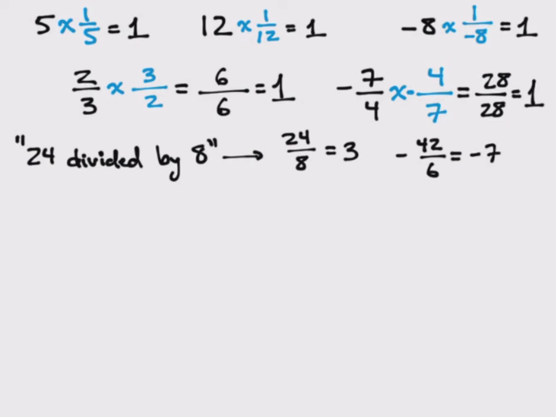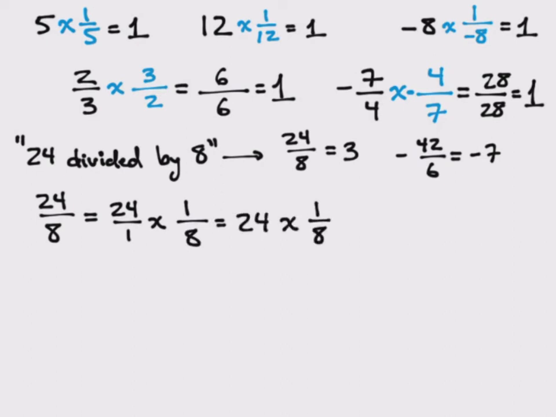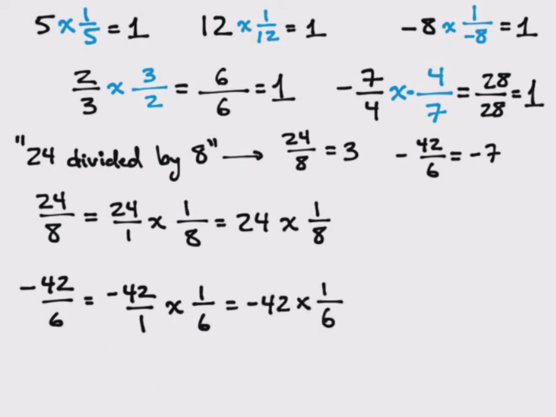But there is something I want to point out about what just happened when we divided. Using a fraction to write division is really going to help us make this connection. My claim is that 24 divided by 8, or 24 over 8, is the exact same thing as 24 times 1/8. Or similarly, negative 42 divided by 6, or negative 42 over 6, is the exact same thing as negative 42 times 1/6.